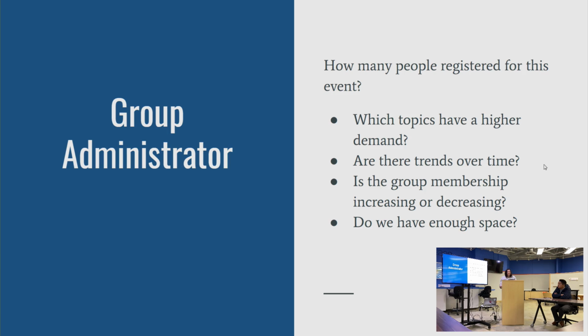But that same number to the group administrator is going to mean something different. The group administrator might be looking at what topics are in higher demand. Does the day of the week matter? Is our group growing? Is it shrinking? There's a different meaning that he's going to get from the exact same metric.